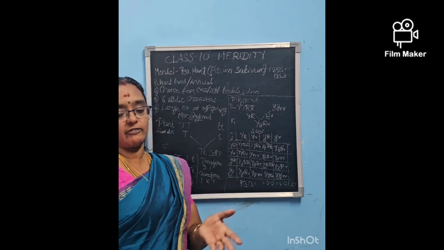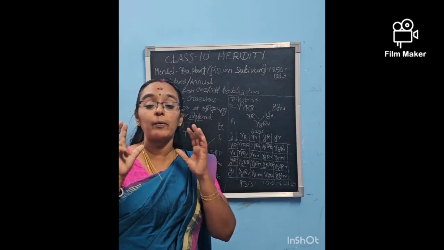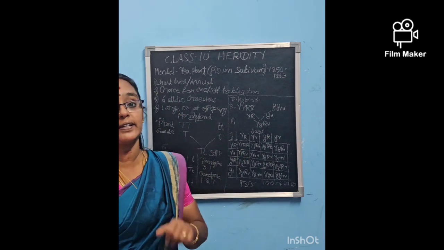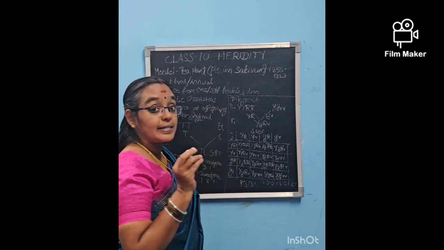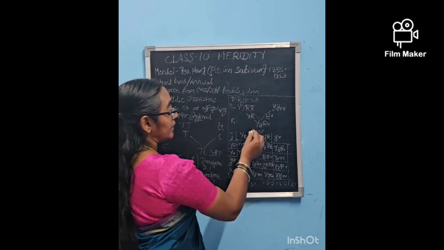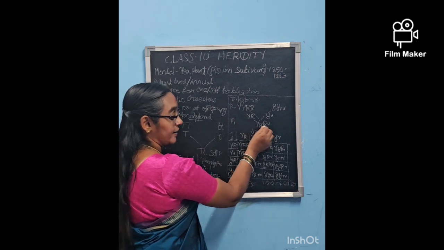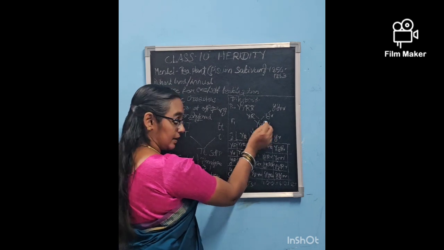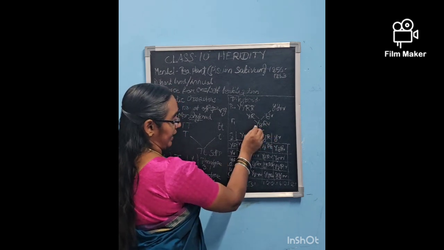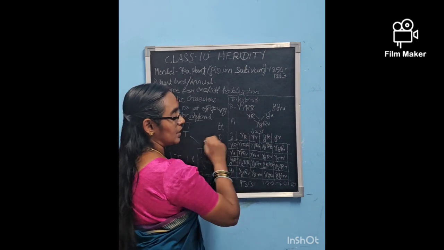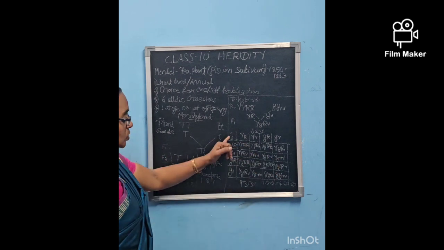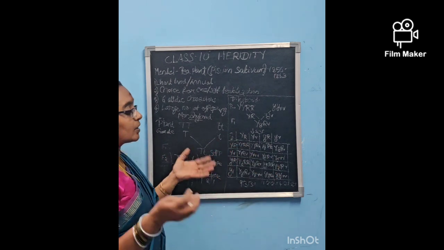What did he do? And then he self-fertilized the F1 generation. So how many possibilities of the gametes can be? There are 4 possibilities of the gametes. That is, the gametes can have yellow and round seeds, yellow and wrinkled seeds, green and round seeds, and green and wrinkled seeds. These are the 4 characters. And here also 4 characters he has written and then crossed.